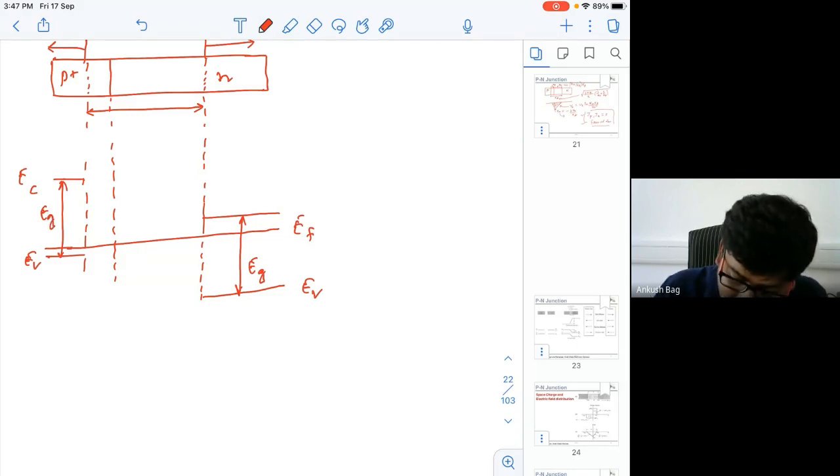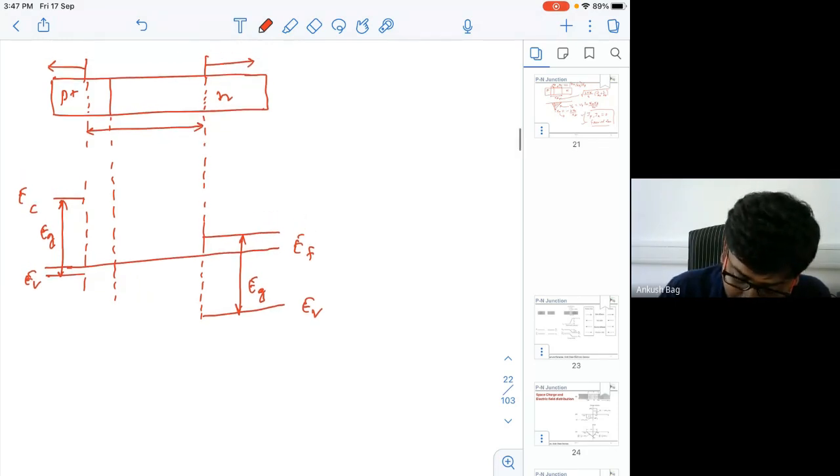But there are a few materials or devices which use heterojunctions. In that case, that E0 concept is very important. Anyway, I'll just mention this E0 concept here. This is the energy for a free particle, from the conduction band to that, which is also called the vacuum level. That distance is nothing but the affinity.